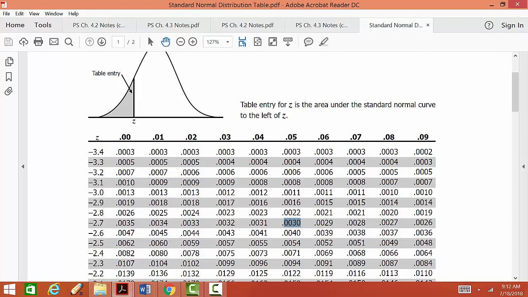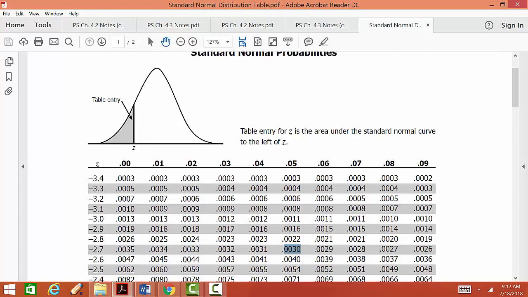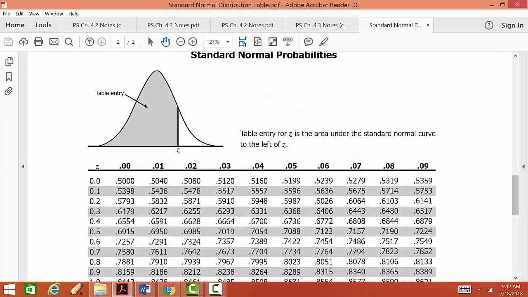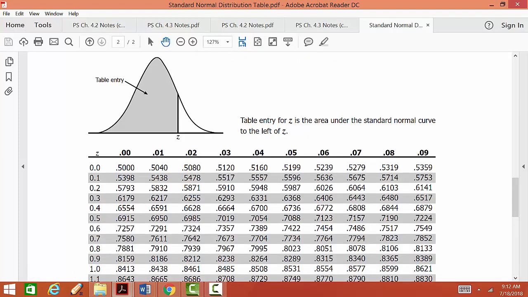You just have to look it up in the table. Remember, the table always gives you the area to the left. If you go to the positive z-score page, these are larger areas because they're positive z-scores. Once your z-score is positive, you have over half of the curve to your left. So for example, if you look up 0.67, that is 0.7486 of the area to the left of that z-score.